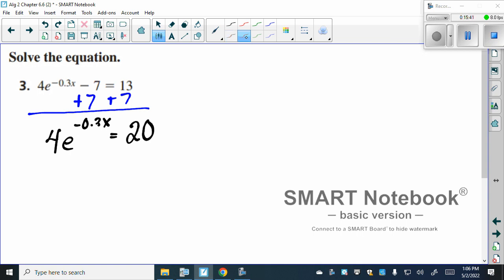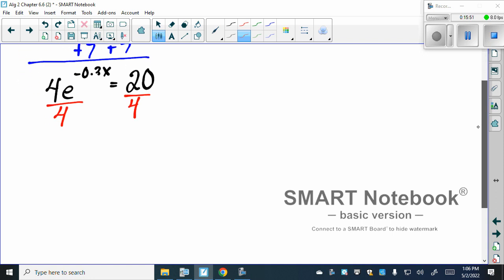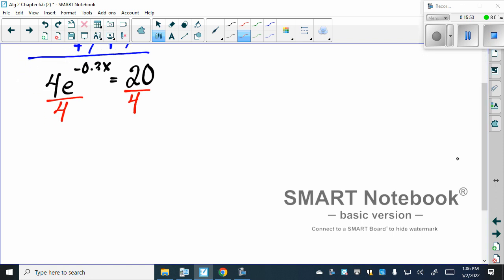Is it by itself? Well, no. We need to divide both sides by 4, which will tell us that e to the negative 0.3x is equal to 5. Because we want one term on both sides if we can get it, or at least get everything else away from x.